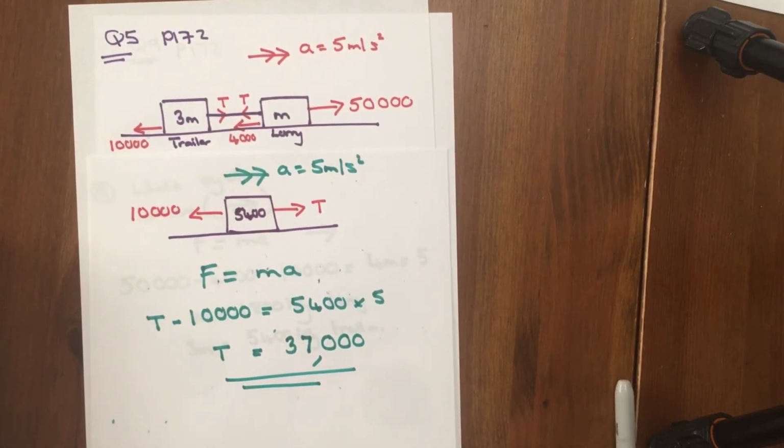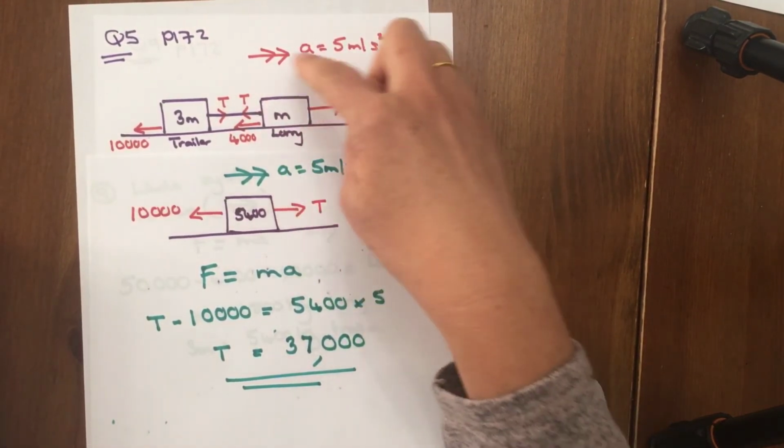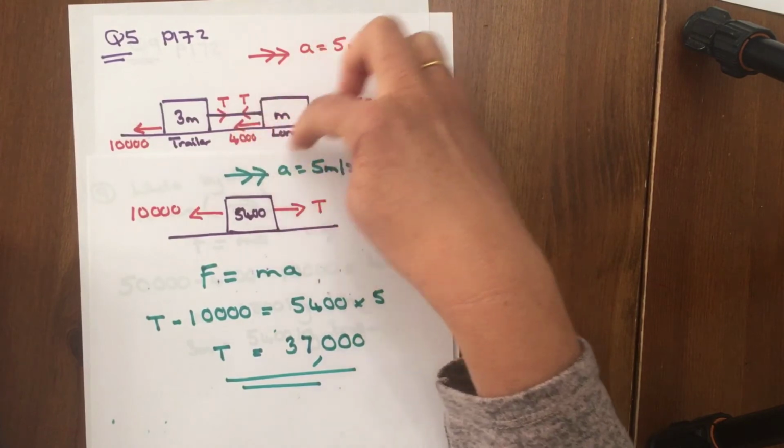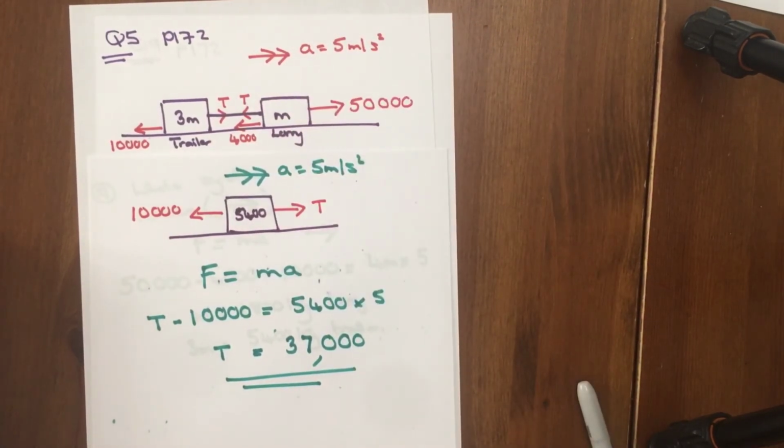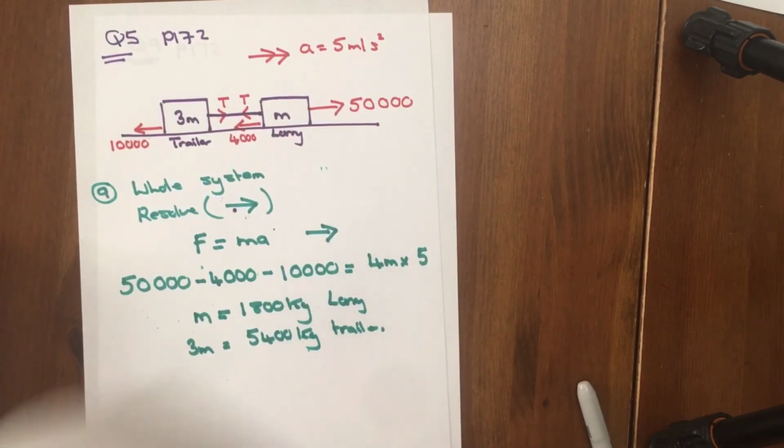Okay, so that's the tension in the tow bar, and I would get exactly the same answer for T if I did it on the lorry. I will do that in fact now just to prove that that is true.